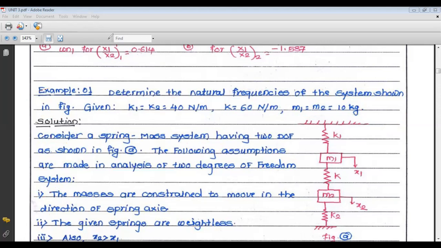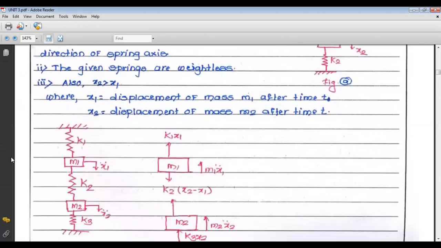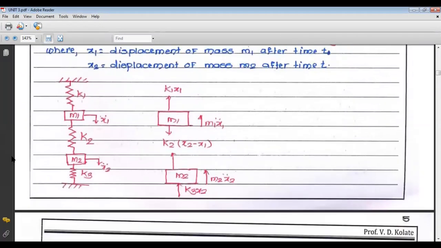So this is our mean position or equilibrium position, and this is the displaced position. K1 is in tension, K2 is in tension, and K3 is in compression. These are the same forces as in the derivation we saw in the last lecture.